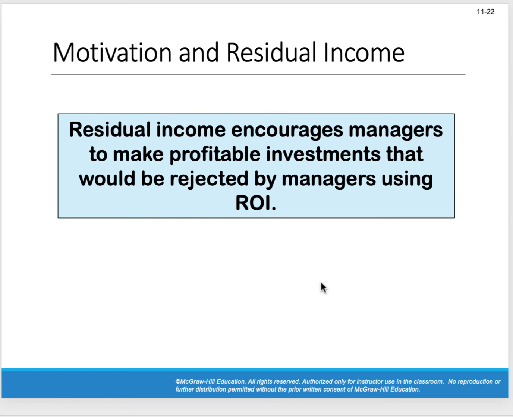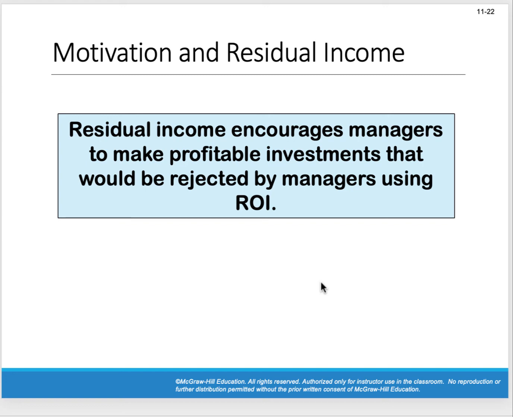So let's look at residual income. What does it do for managers? How are managers going to use this, right? We already said that ROI is good. Managers can use it. In the absence of a Balanced Scorecard, managers might not exactly know how to increase or how to affect return on investment, right?